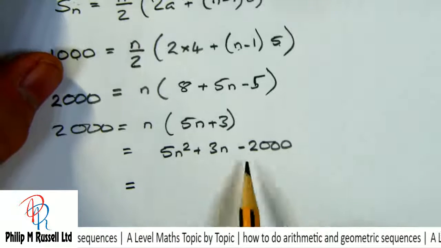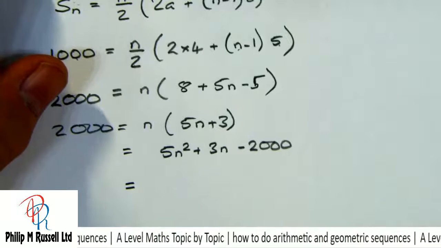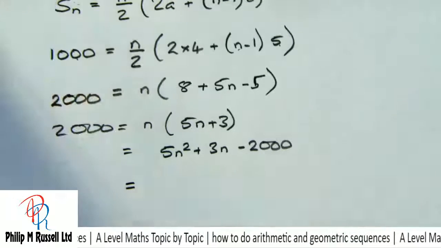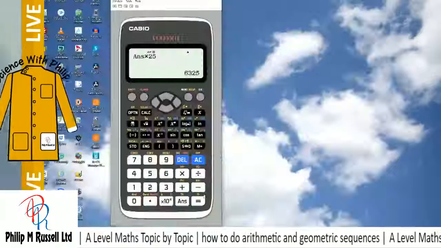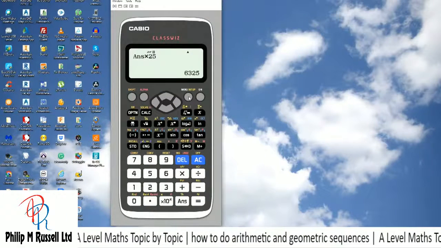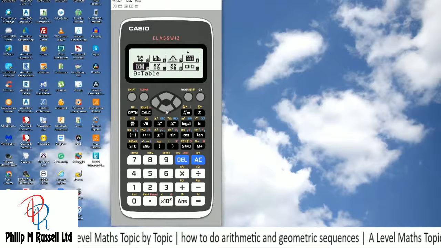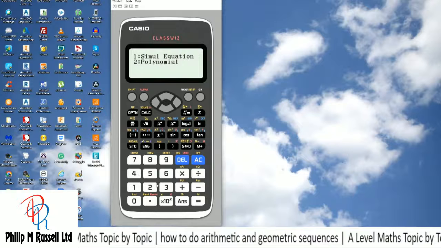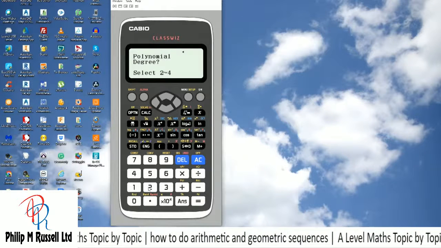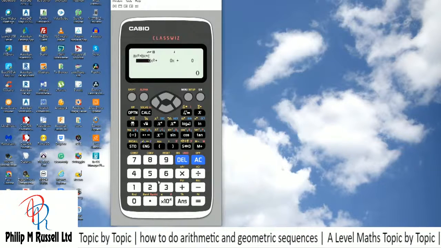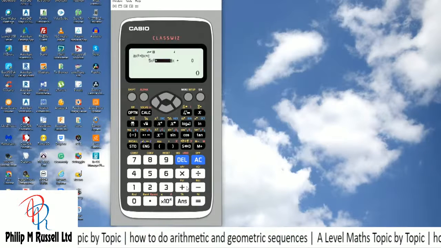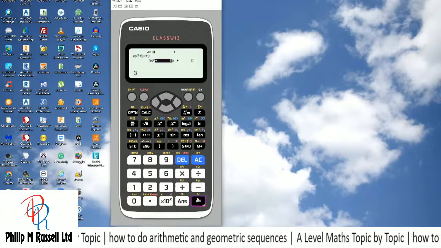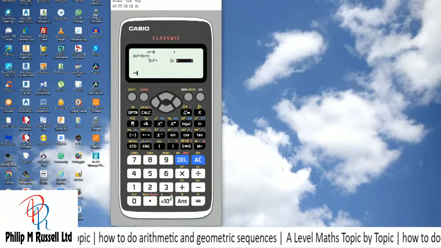We don't have to worry about this one too much because all we've got to do is go to our calculator, and since we're allowed our calculator, we can choose to solve a polynomial to square, and we've got 5n squared plus 3n minus 2,000.